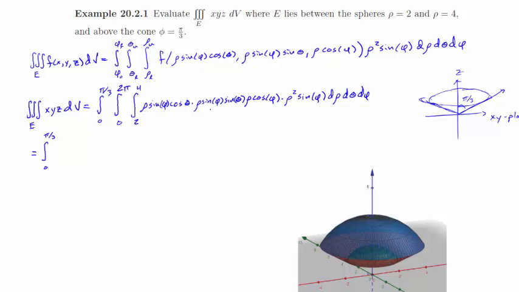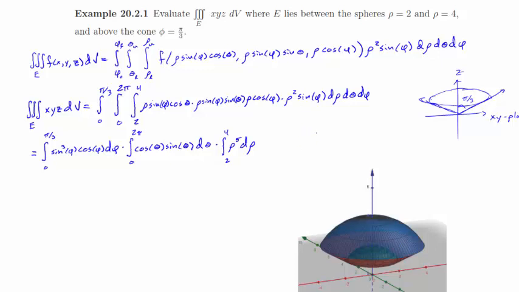So that's sine of phi again makes a sine squared of phi, a cosine of phi, and a sine of phi again gives us a sine cubed of phi, cosine of phi, d phi, times, now we look at the thetas, 0 to 2 pi of cosine of theta, sine of theta, and that's it. d theta times the integral from 2 to 4 of rho to the, we have 1, 2, 3, 4, 5 rho to the fifth, d rho.